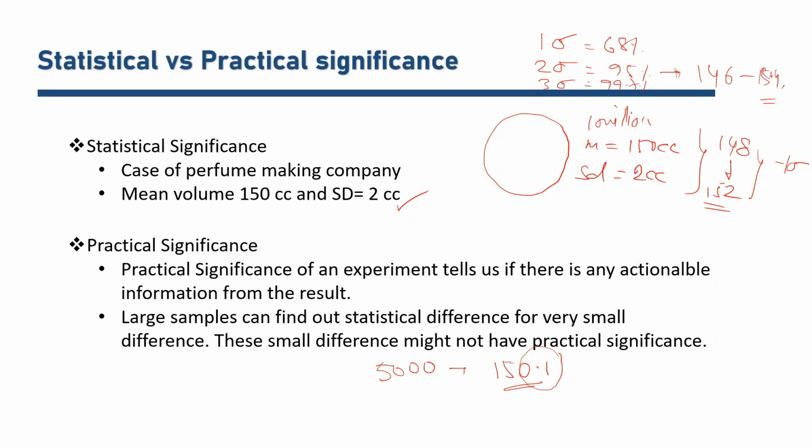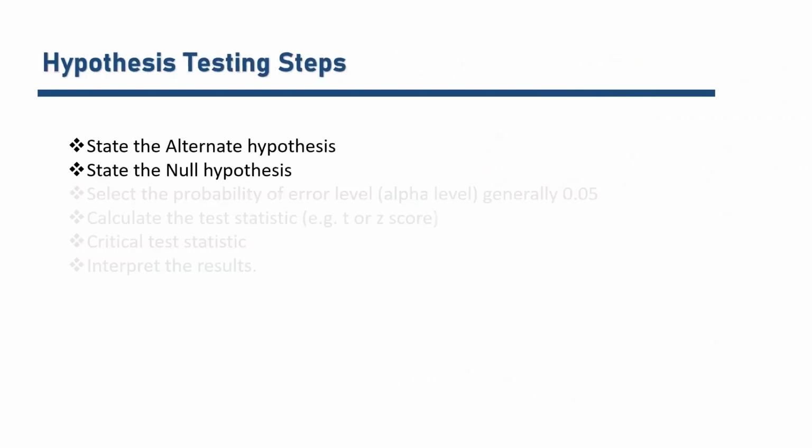Okay. Now we'll move into something called the hypothesis testing steps. We have talked about it in the last class, I'm just going through it. When we do hypothesis testing, there are several steps which you need to take, and these steps are listed here, all 6 steps. The major steps which we want to understand right now are the first 2.